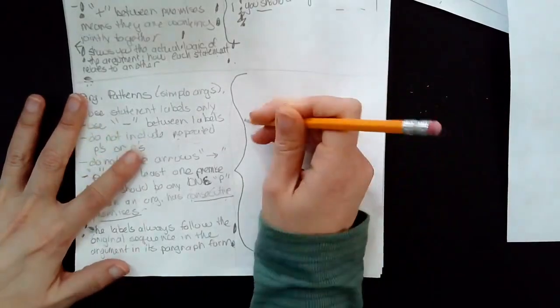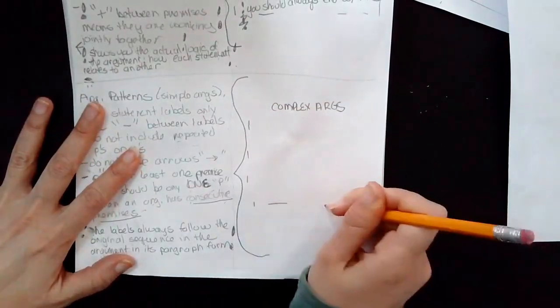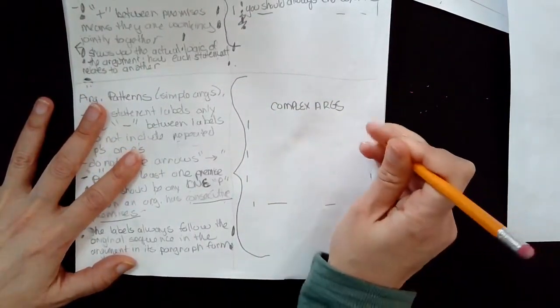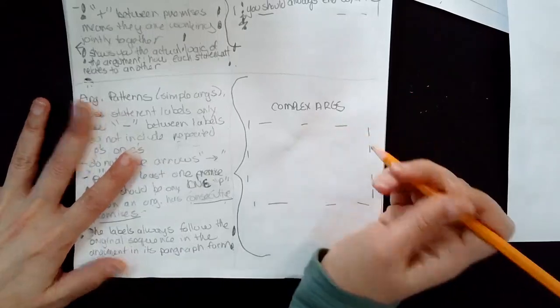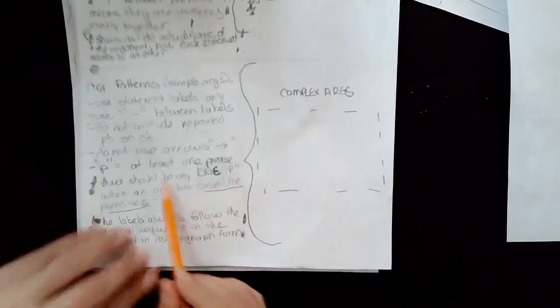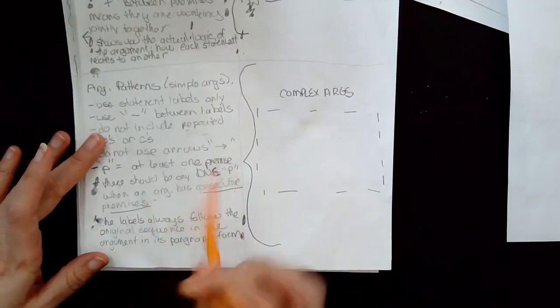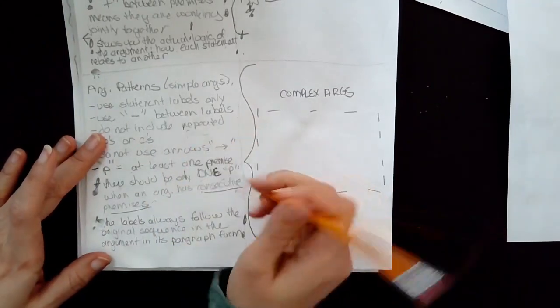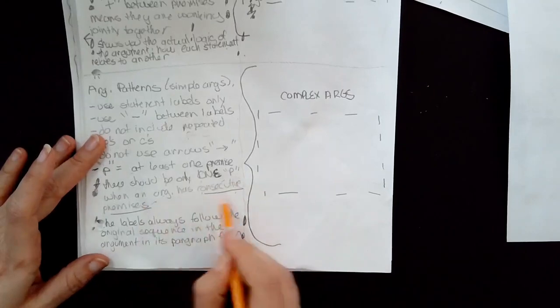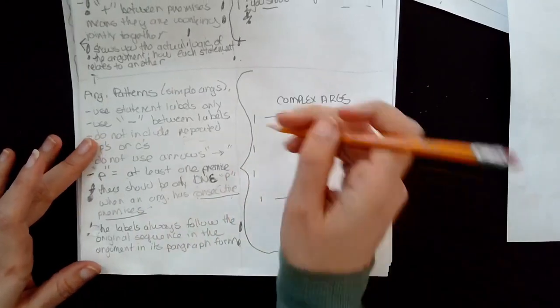Okay, do a little text box. So what still generally holds is that P still equals at least one premise. There should be only one P when an argument has consecutive premises.